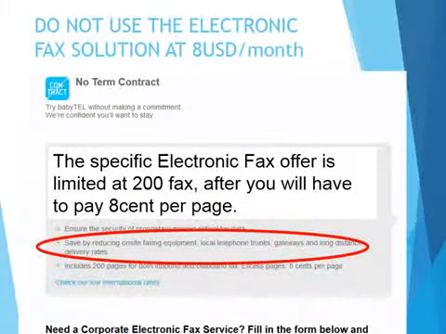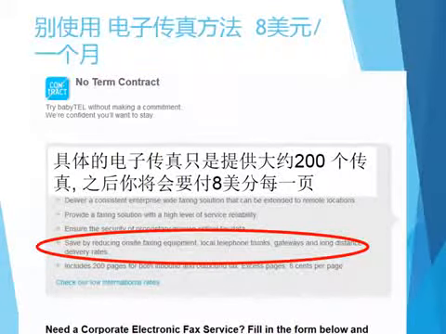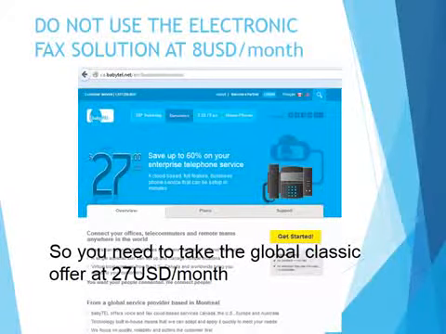You see, they said that you can only send 200 faxes.